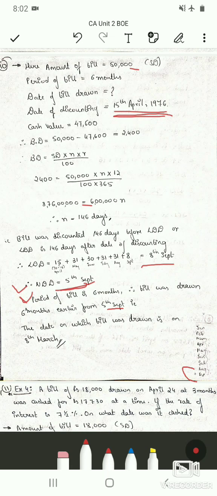So it will be August, then July, June, May, April, and then March. So from March to September it is 6 months. Therefore the bill was drawn on 5th March. Sorry, I have written it as 8th March. It should have been bill was drawn on 5th of March.